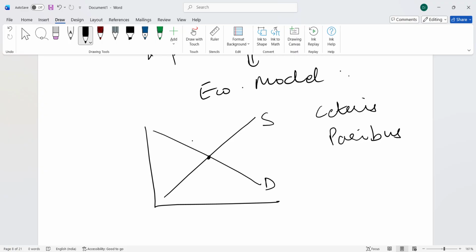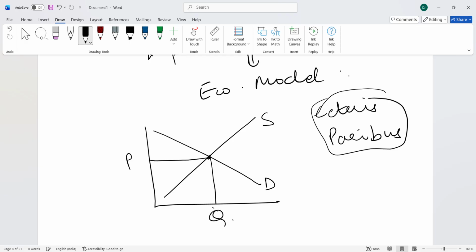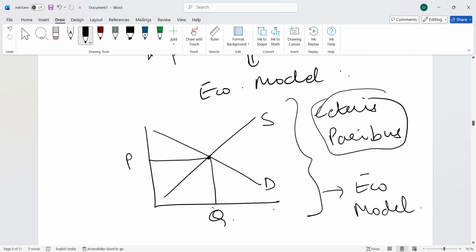But in order to understand the relationship between the two, I keep this as a very, very strong assumption: ceteris paribus, all the other factors remaining constant. How does the price affect your demand and supply? Now, this is what I would term as an economic model. That's what an economic model is all about.